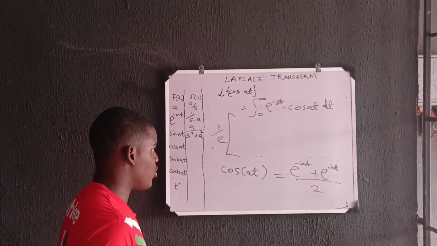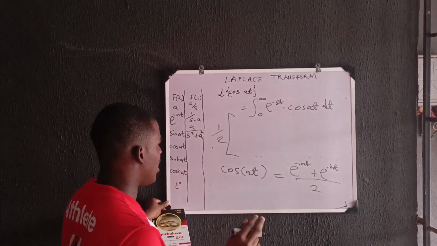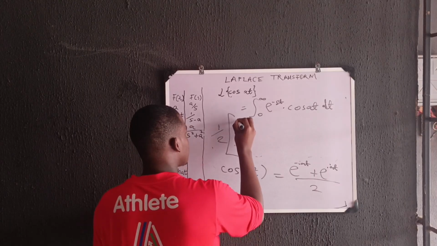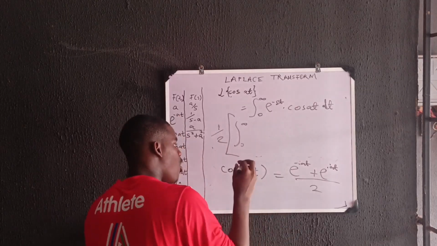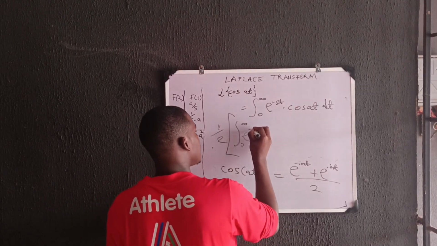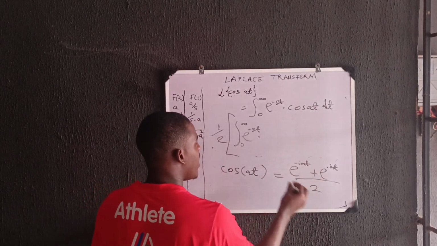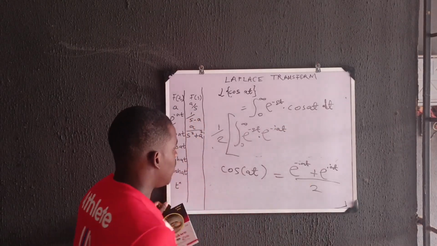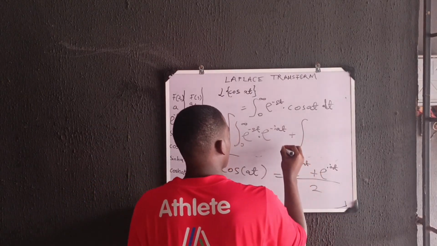And what is the first thing we are going to do? We are going to take Laplace of this and Laplace of this individually, right? So here we are going to have the integral from 0 to infinity of e to the negative st dot e to the negative iat, plus, dt.